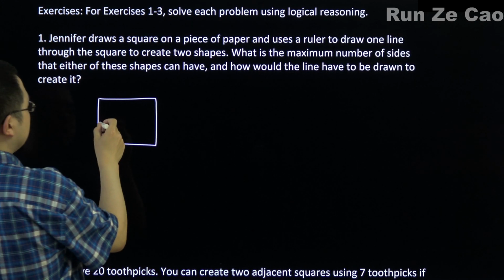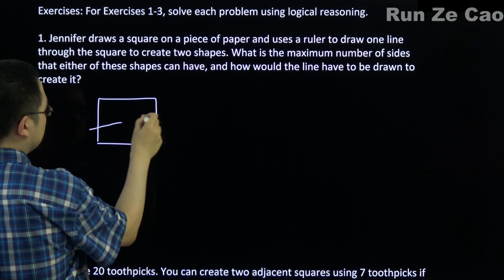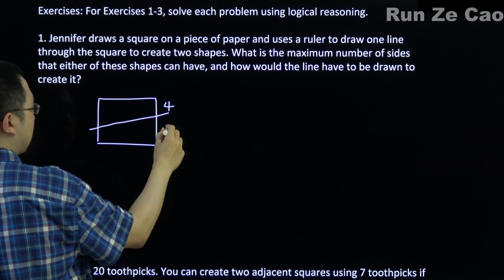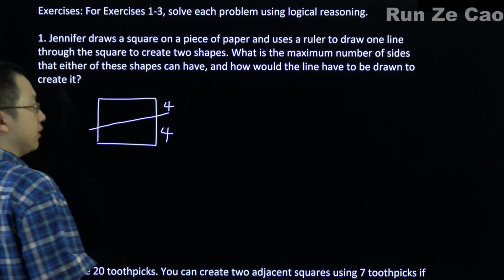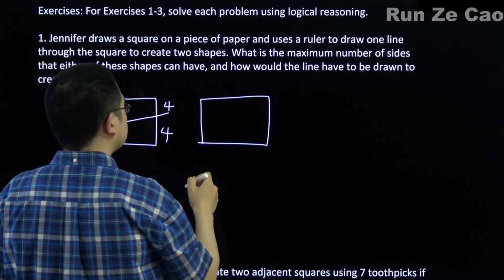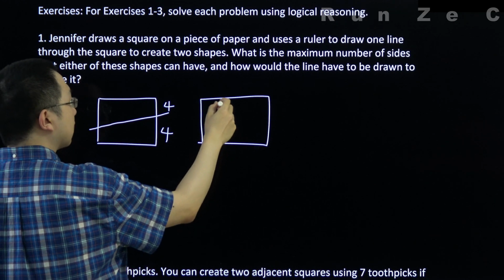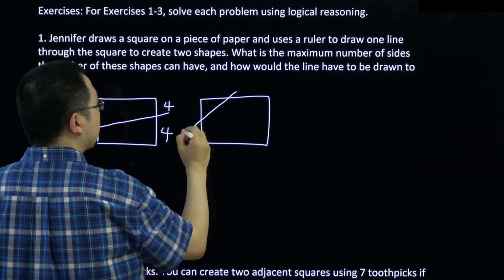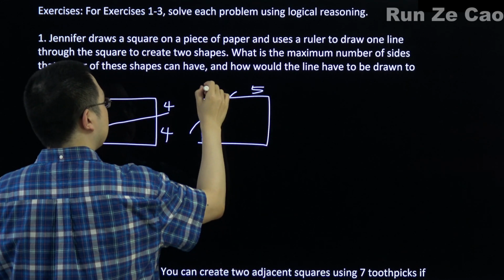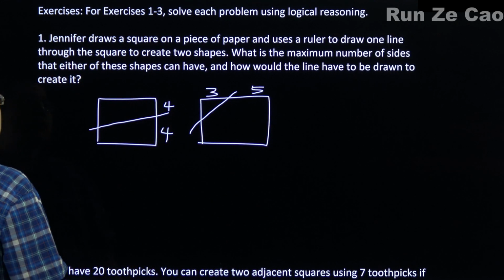Well, what happens if you just cut through? This would give you 4 sides on the top shape and 4 sides on the bottom shape. So you'd get 2 trapezoids. But if you cut it at, instead of opposing sides, at neighboring sides, you would have 5 on this side and 3 on the other.